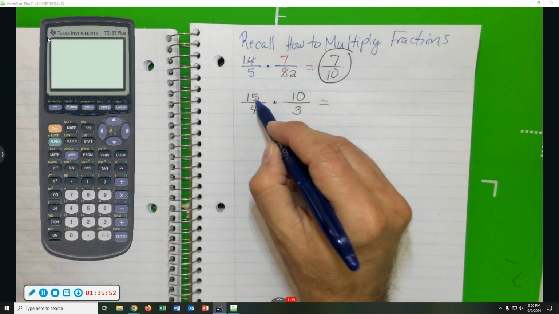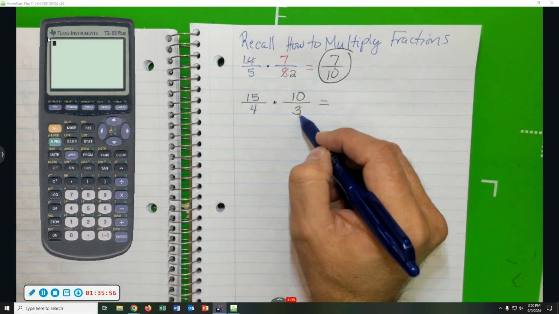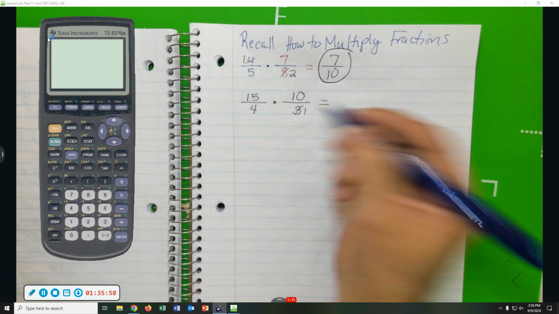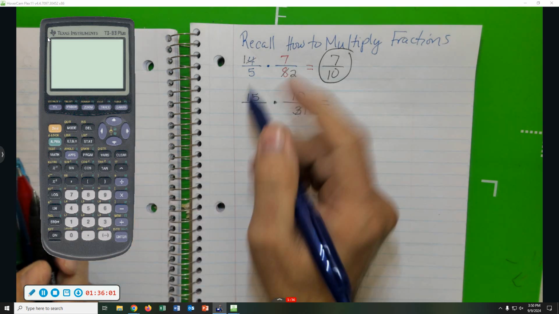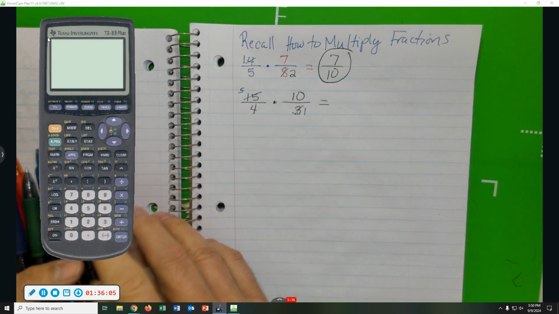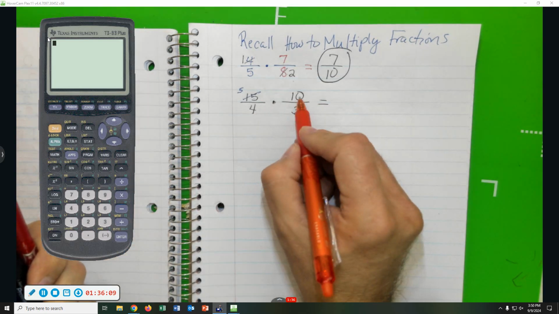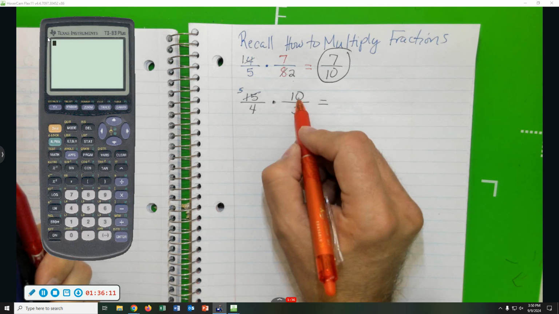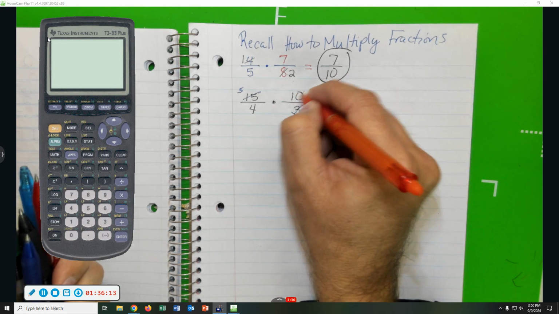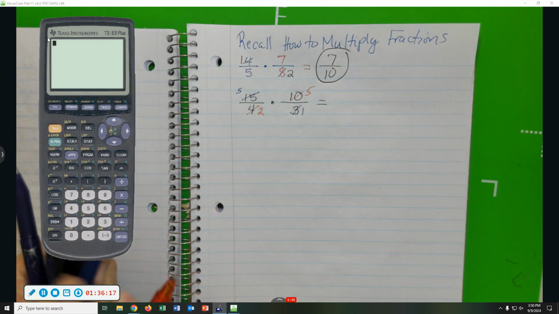Like here, the 15 and 3. I can divide both of those by 3. 3 divided by 3 is 1. 15 divided by 3 is 5. What about the 4 and 10? I can divide both of those by 2, so I'd have a 5 there and a 2 there.